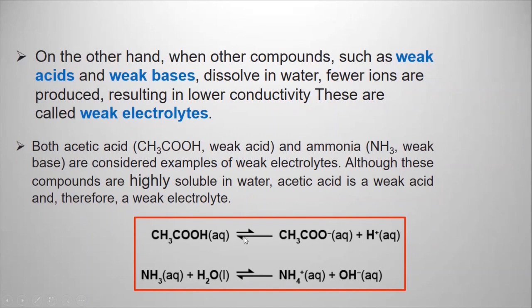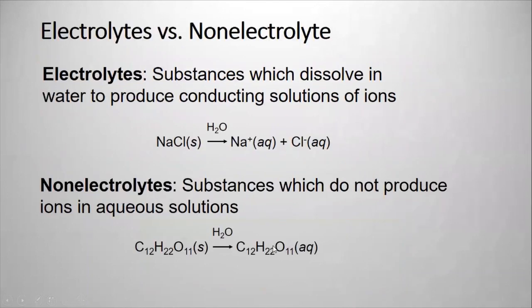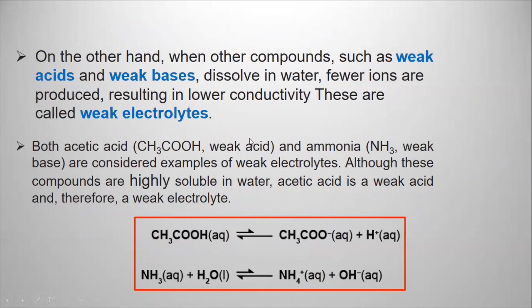As you can see, the length of the arrow is going toward the undissociated. So anyway, don't put too much energy into that, but basically, looking at this is a partial dissociation. Looking at this is a complete dissociation from just looking at the arrows. This is a complete dissociation. This is a partial dissociation.